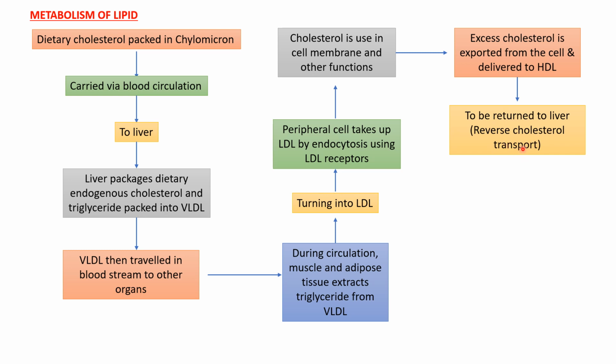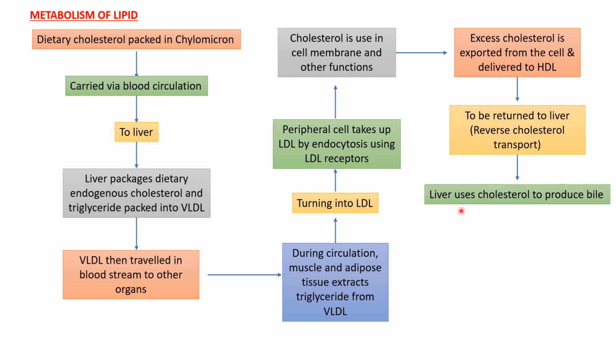It is the process by which cholesterol from the muscle or the cell membrane is returned back to the liver through the HDL. That's why HDL is called good cholesterol, because it removes the excess cholesterol from the blood and the cells and directs it towards the liver.